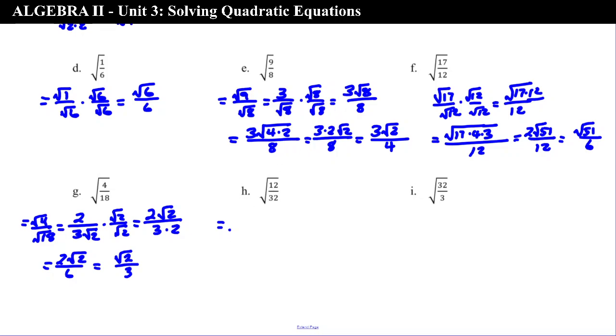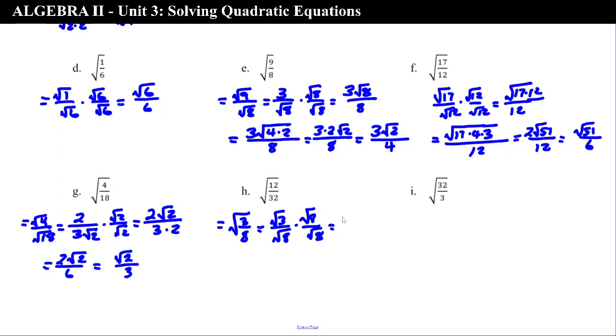So we can simplify this fraction as 3 over... 4 will go into 32 how many times? 8 times. So we have the square root of 3 over the square root of 8. We know 8 is not simplified, but that's okay. We'll go ahead and rationalize with it as it is.